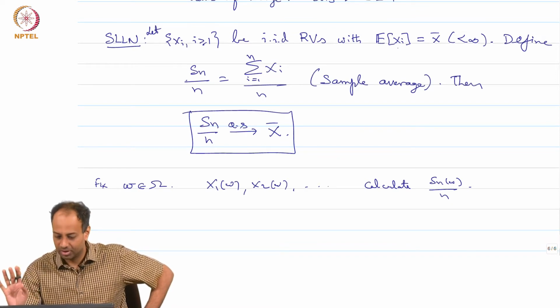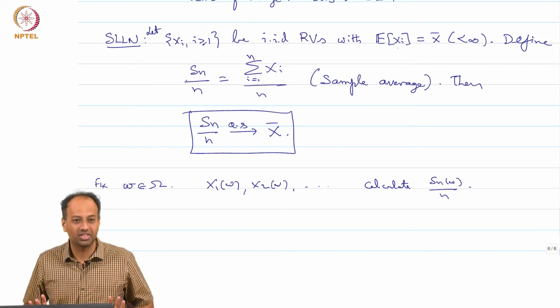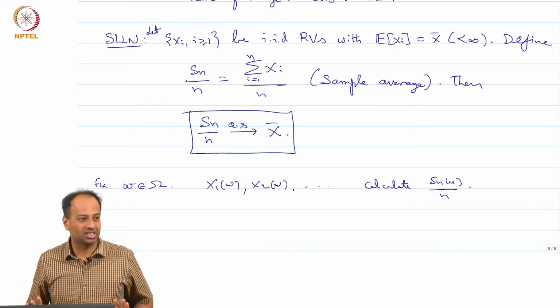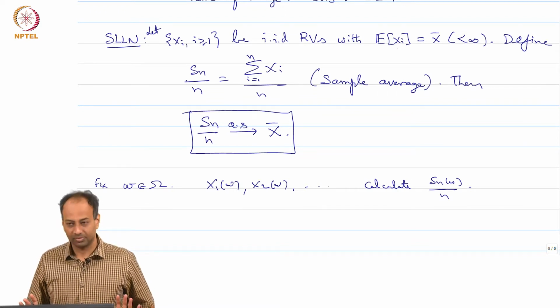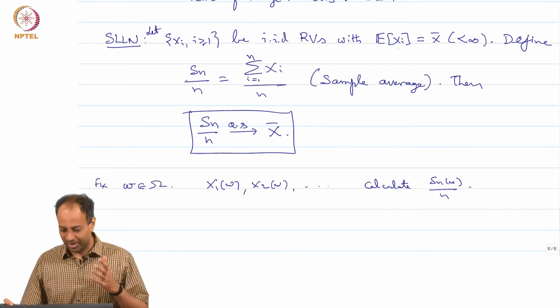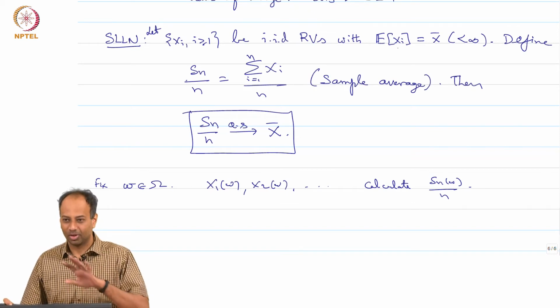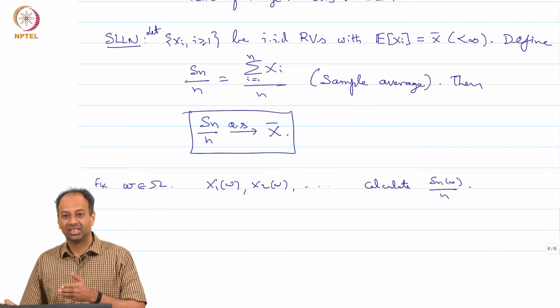The necessary and sufficient condition for the strong law to hold is that the expected value of absolute xi is finite. So you can look at it as x bar of omega. Normally the limit is also a random variable, but here the limit is a number.